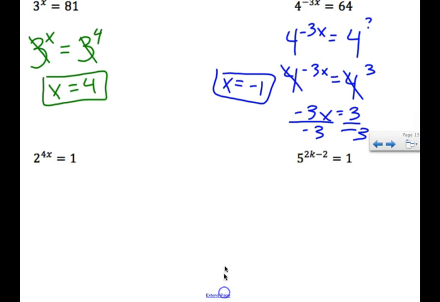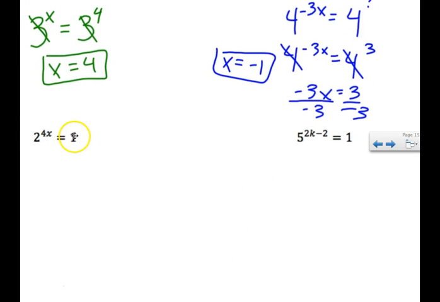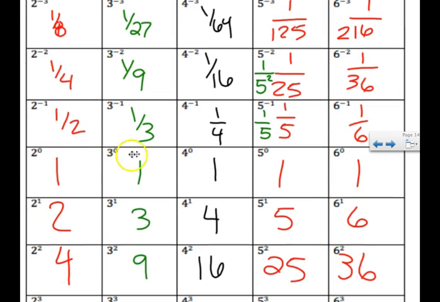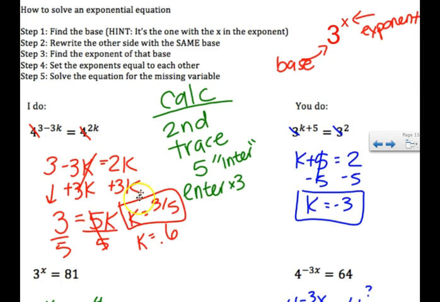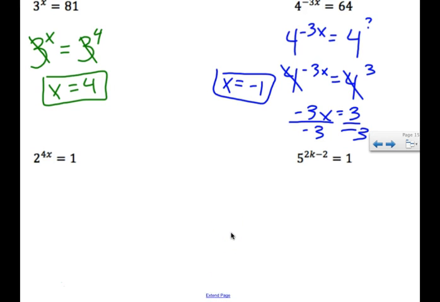Alright, next one. We got a 1, and we learned in the first part that anything raised to a 0 power is a 1. So it's kind of like a little special case. So my base is a 2, so I'm going to drop down 2 to the 4x, and I know my right side has to be a base 2. And like I said earlier, anything raised to the 0 power is a 1, and so I can go ahead and put 0.